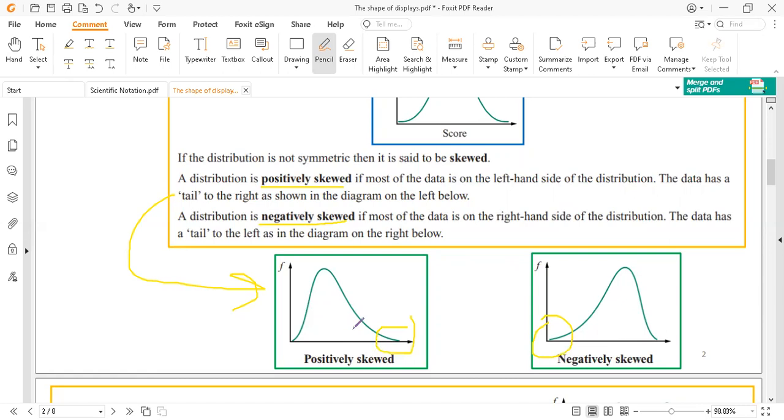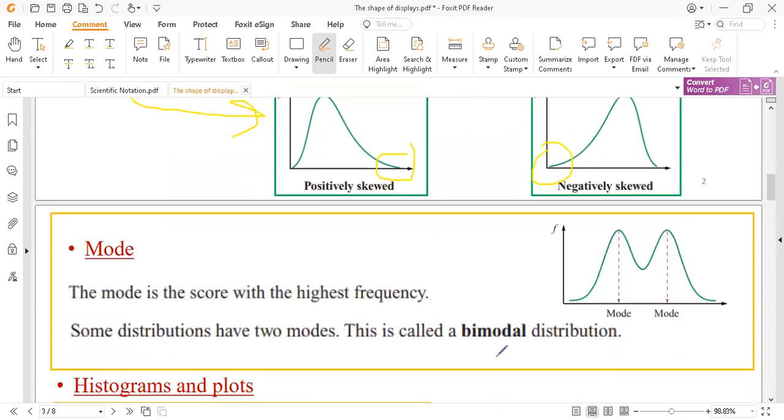When the tail is to the right, we say it is positively skewed. When the tail is on the left, we say it is negatively skewed.